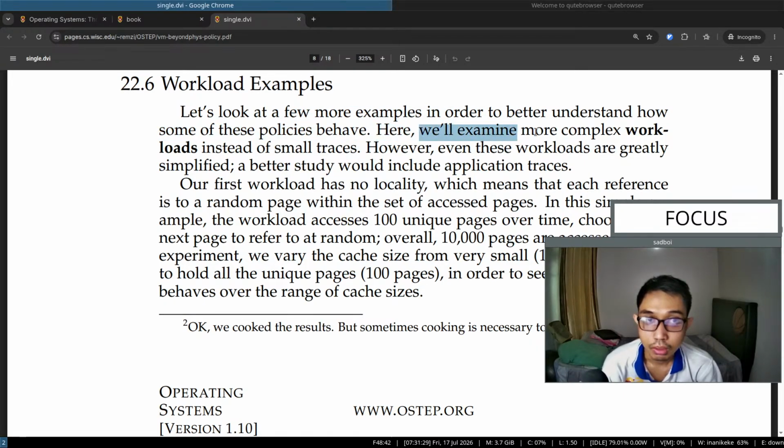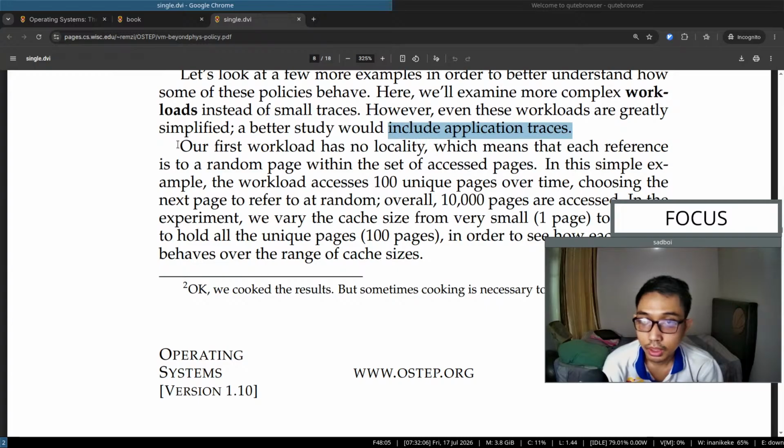Here, we will examine more complex workloads instead of small traces. However, even these complex workloads are greatly simplified. A better study would include application traces.